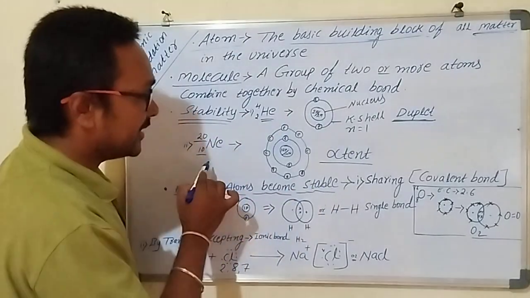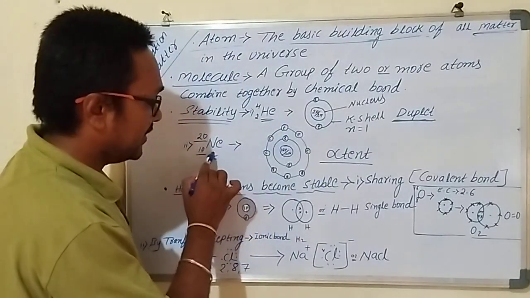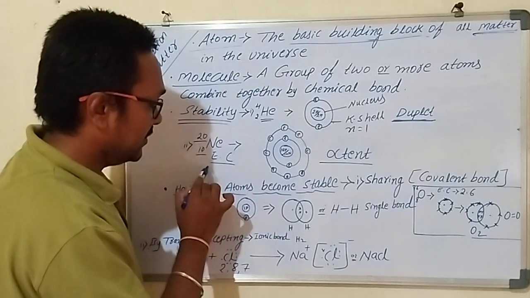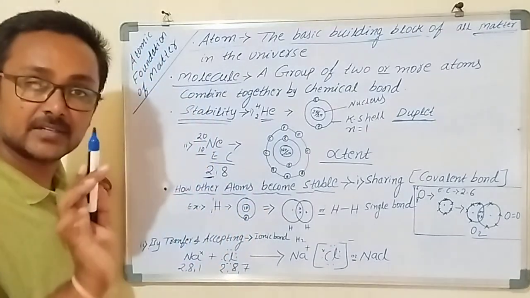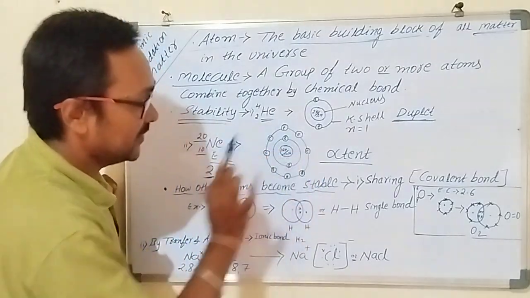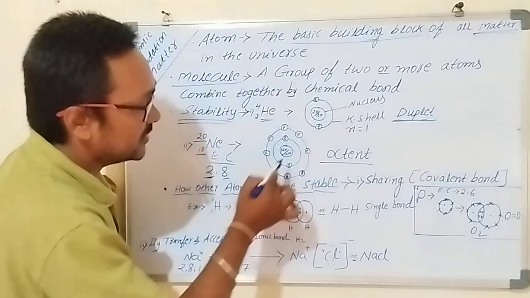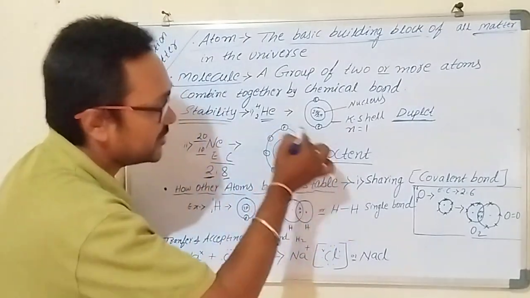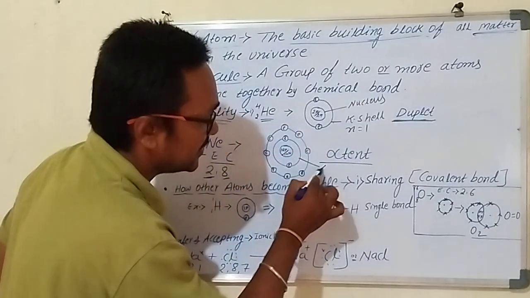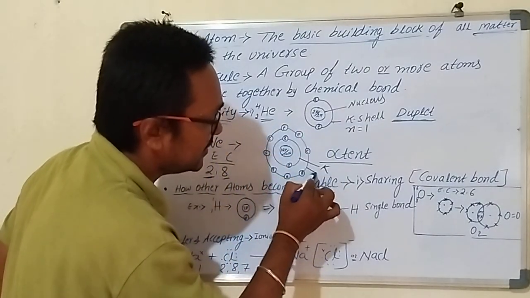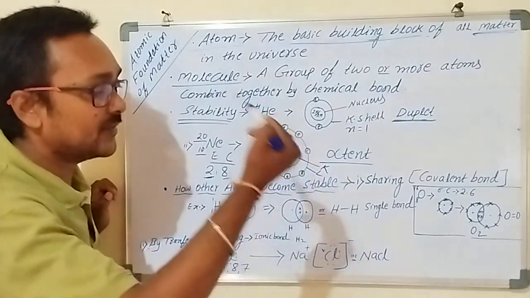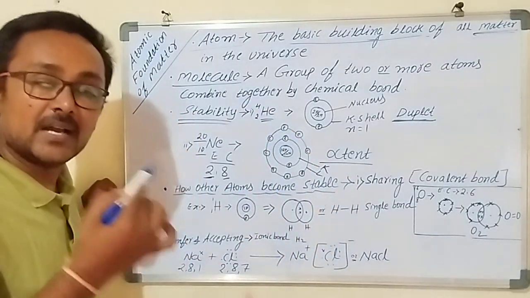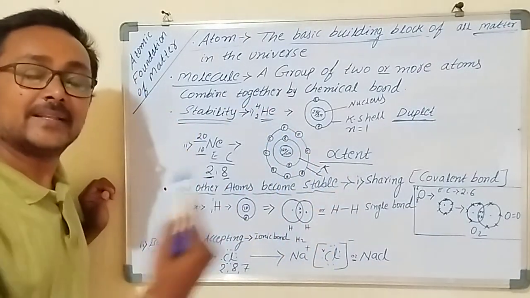So its electronic configuration, EC, I can write as 2,8, meaning 2 electrons in the K shell, 8 electrons in the L shell. This is considered as the K shell, this is considered as the L shell, K L. Then after L, M and N, O, P, Q, R, like this it goes on.